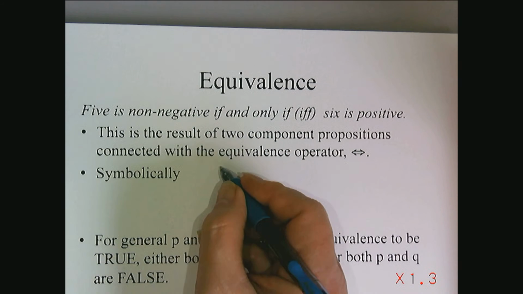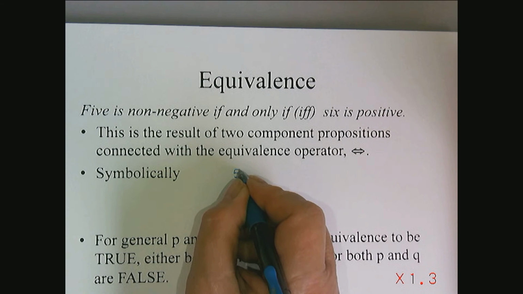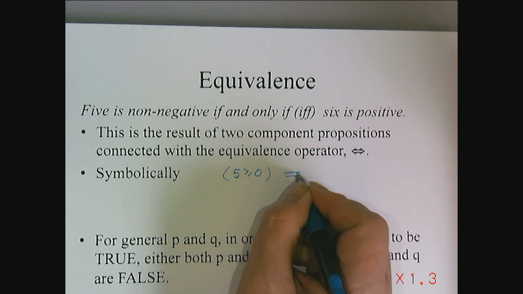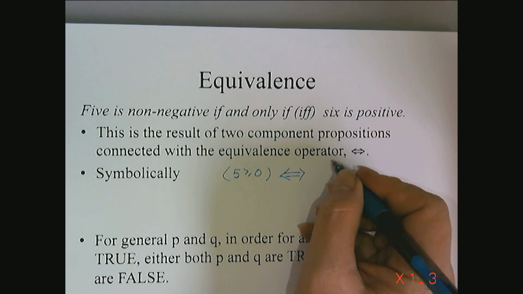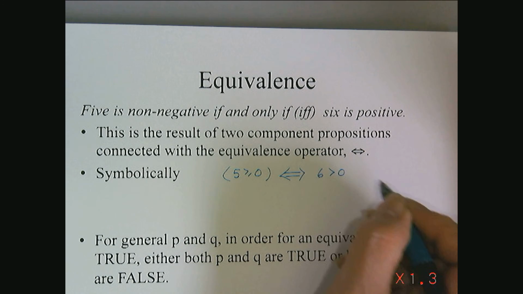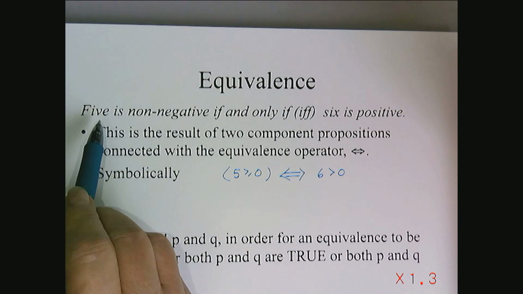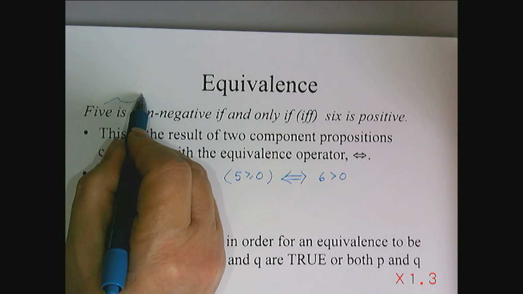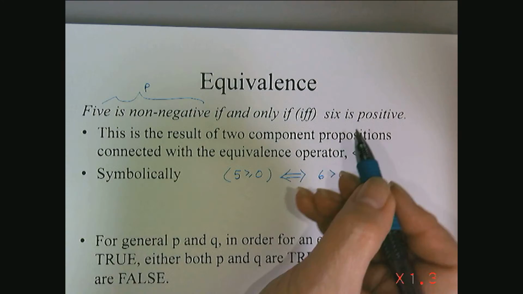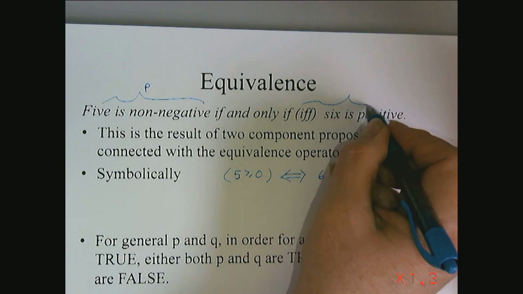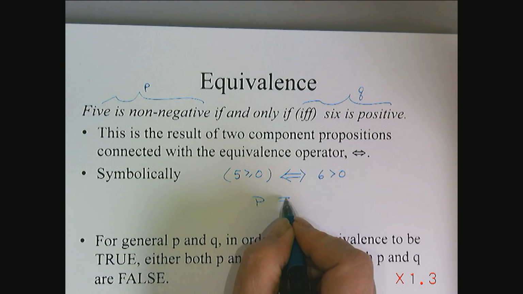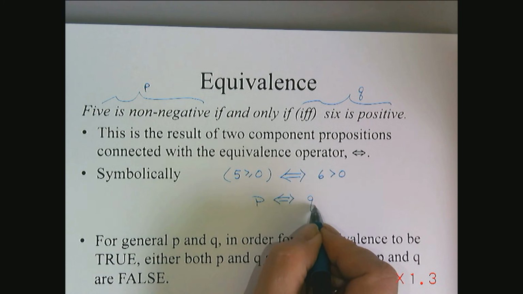We could write symbolically as 5 is greater than or equal to 0 if and only if 6 is greater than 0. Now, again, if I think of this first component as being P and the second component as being Q, we could write this as P is equivalent to Q.